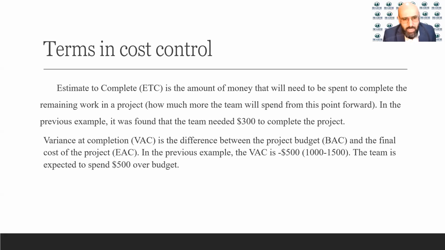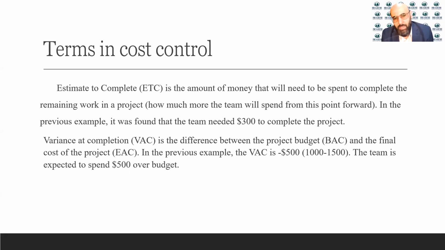Now, the last concept here that we need to talk about, variance at completion, or VAC. It is the difference between the project budget, the BAC, and the final cost, which is the EAC, estimate at completion. In the previous example, the VAC is negative $500 because the budget is $1,000, and then the team requested another $500.